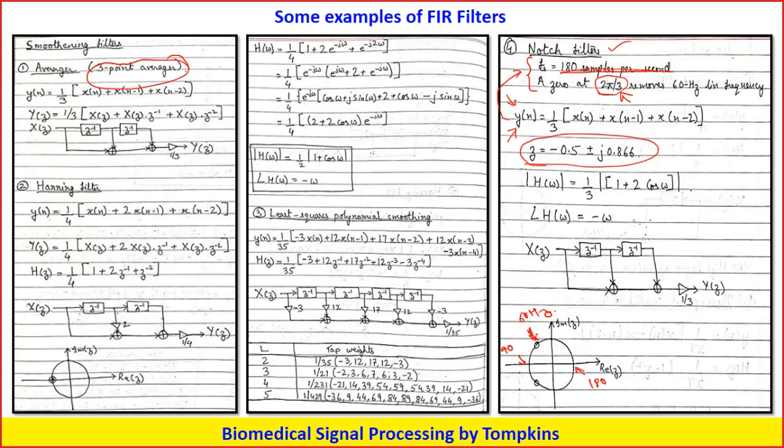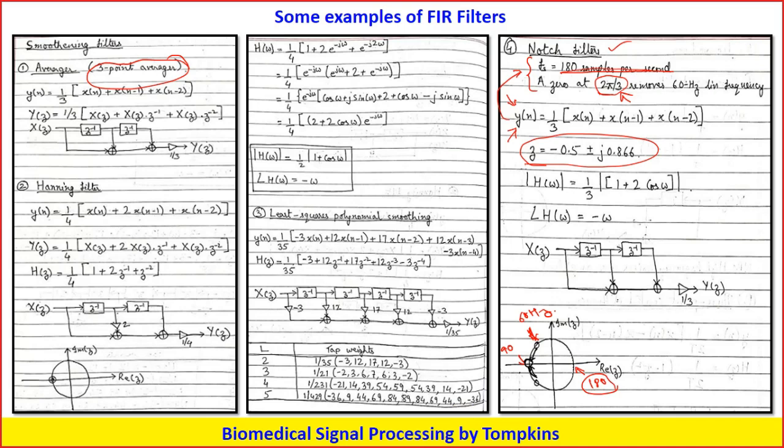Now, previously we have talked that low pass filters are the averager filters or the smoothing filters. Now what you can do is that if you play around with the sampling frequency, you can bring these zeros at z equals to -1.